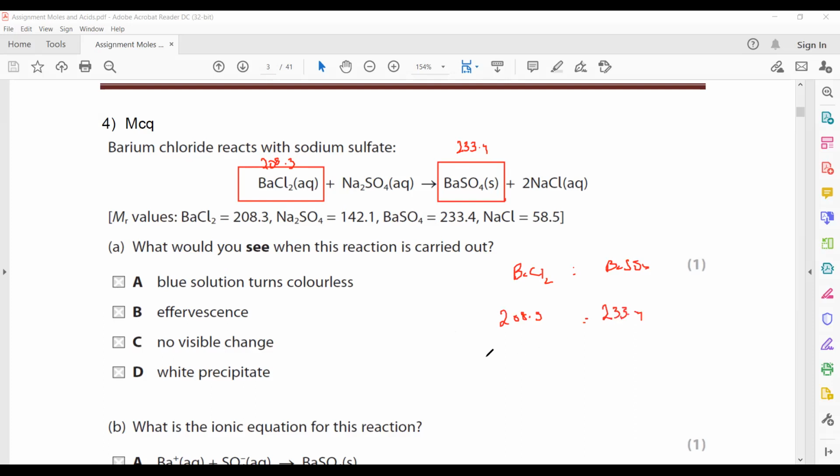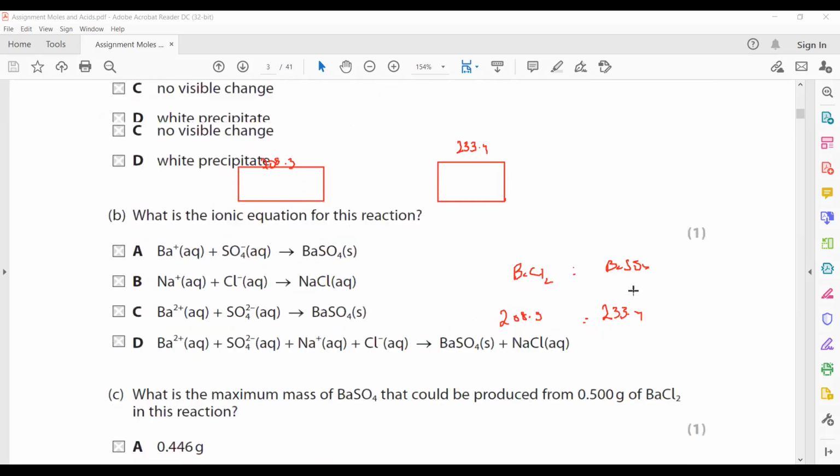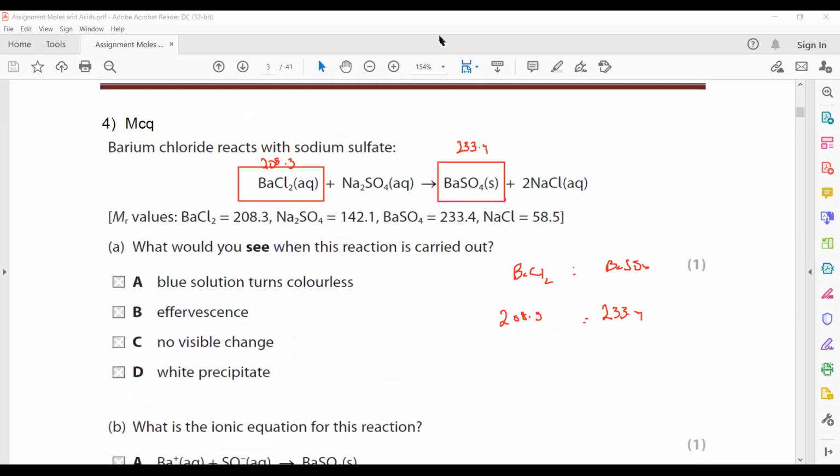But in the question, how much mass do they provide? For barium chloride, they give 0.5 grams. So if we have 0.5 grams, the barium sulfate will be x, cross multiply. So x will be equal to 233.4 multiplied by 0.5 divided by 208.3.